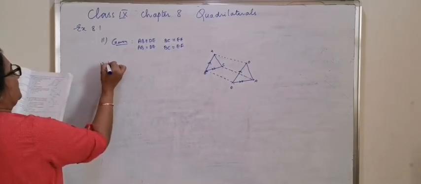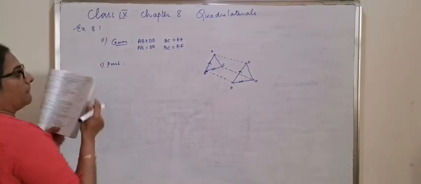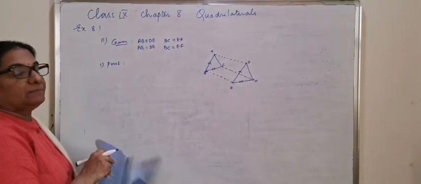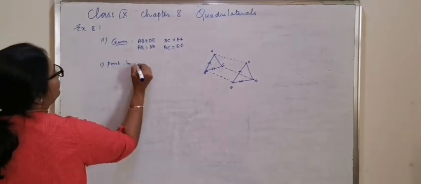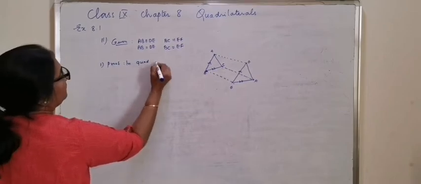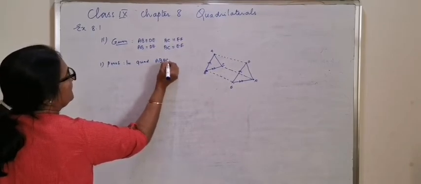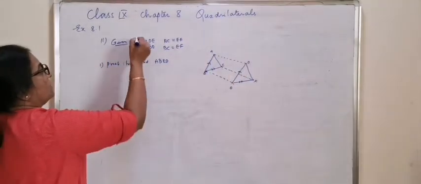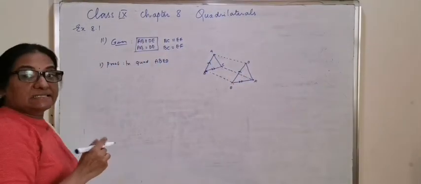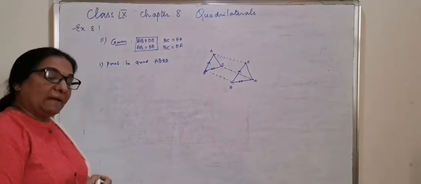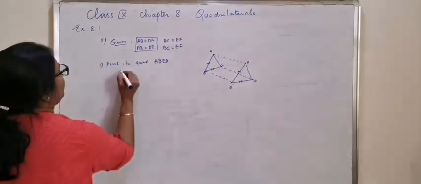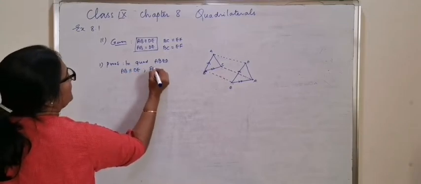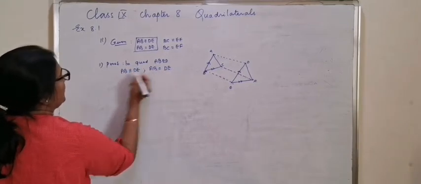So the first part of the proof is you have to prove ABED is a parallelogram. In quadrilateral ABED, it is already given that the same pair of opposite sides are parallel and equal: AB parallel to DE and AB equal to DE.